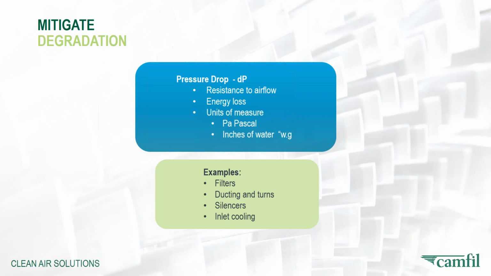Things that add pressure drop to your inlet system, first and foremost, are your air filters, but also you have a parasitic pressure drop in your inlet system that's there all the time, even if you were to run it, which we don't recommend, without filters. And that's the ducting, the turns, elbows, and getting the air from ambient to the inlet of your machine. Silencers and perhaps inlet cooling all add pressure drop to your inlet system. And it's important to monitor that throughout your life to get the best performance of your machine.